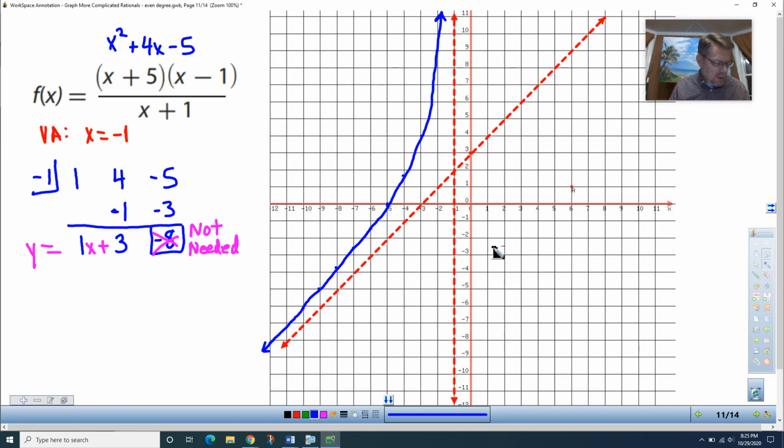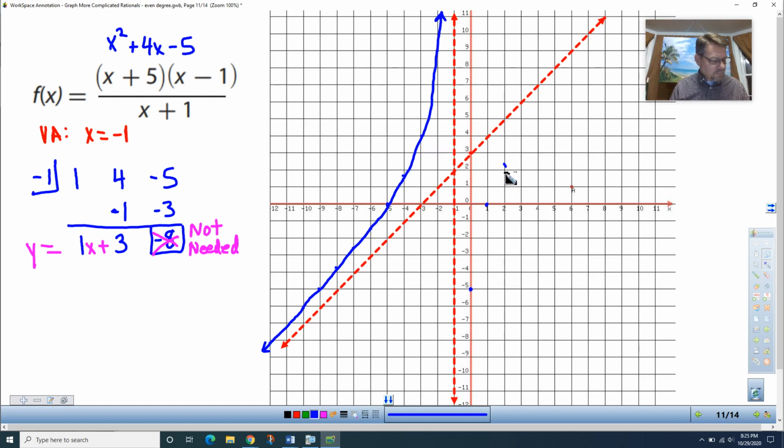So let's keep plotting points. Probably should have kept plotting points instead of quitting. So let's see, -1 is an error. Well, that's that asymptote. And then we go up to 0, -5. Then 1, 0. Then 2, 2.3.